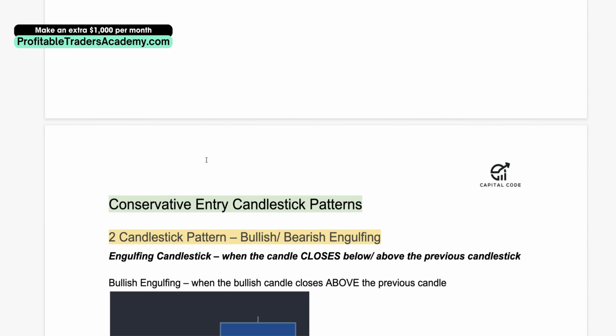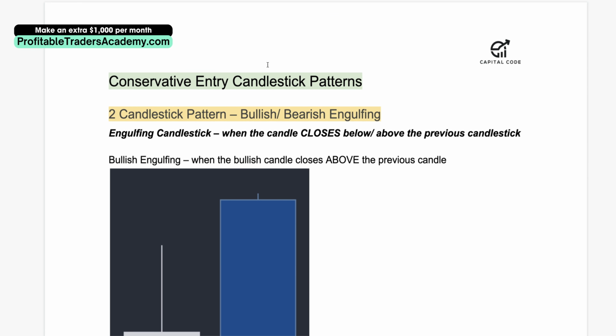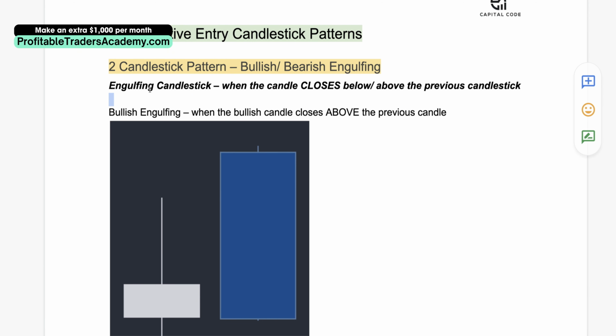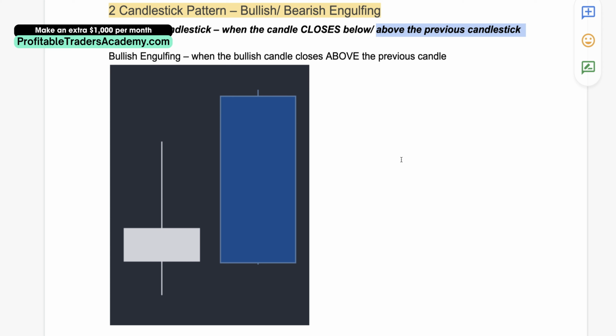So for now, let's cover conservative entry candlesticks. This is typically a 2 candlestick pattern. It'll either be a bullish or a bearish engulfing. And basically an engulfing candlestick is when the candle closes below for bearish or above for bullish the previous candlestick. So here's an example of a bullish engulfing candlestick. Notice how this blue candle closed above the high of this candlestick.